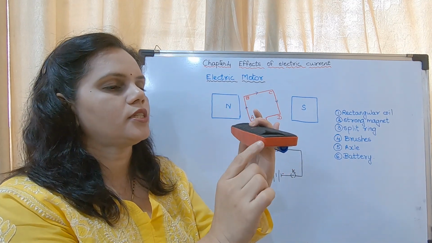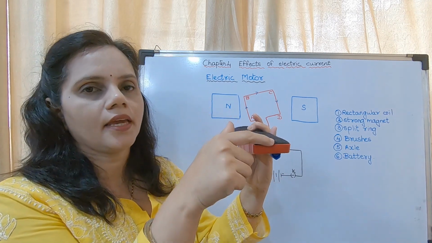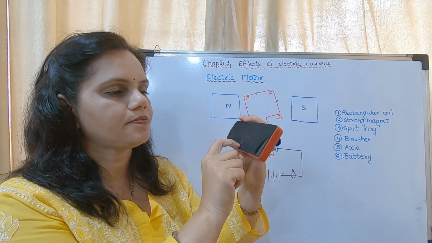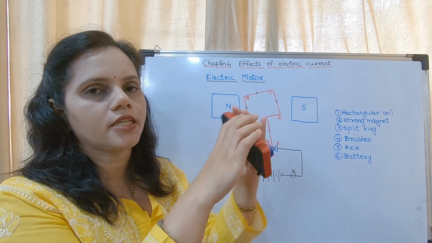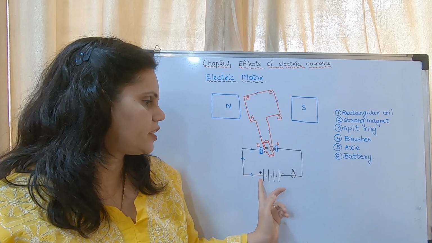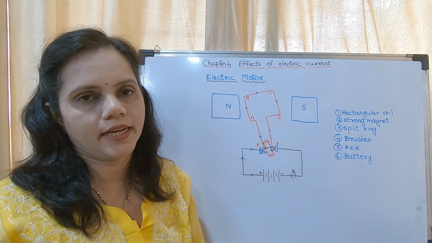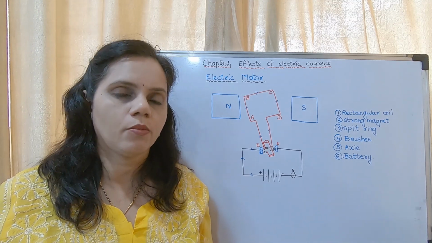When it comes in opposite direction, the current is flowing from DCBA, then this will go in the downward direction and AB will come up. Thus it will continuously move in anti-clockwise direction. If we change this positive negative, it will move in the opposite direction. So that is the working of electric motor.